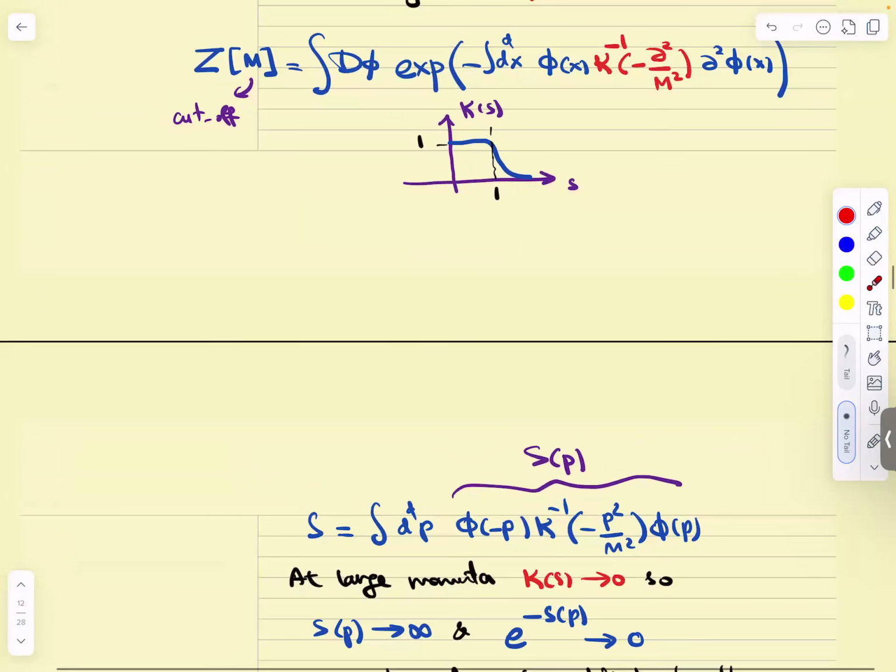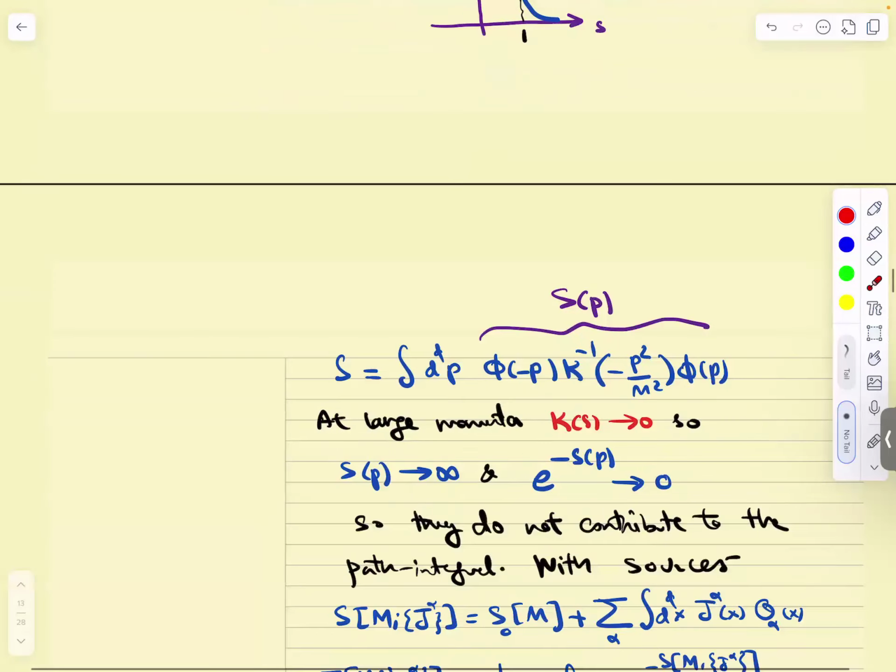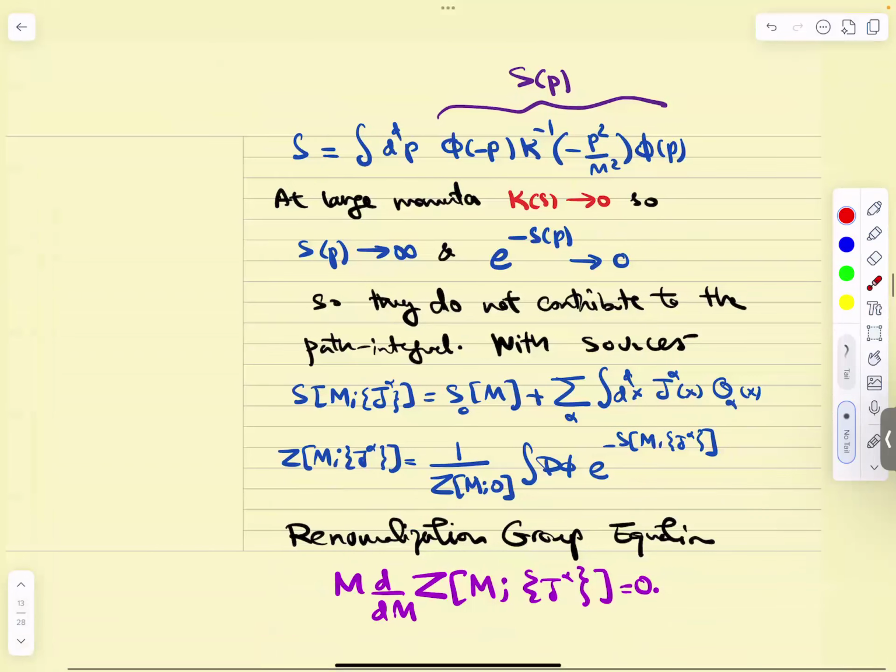Now, of course, what this does in Fourier space is k minus 1 and minus p squared over m squared. What is the propagator for this theory? The propagator for this theory is the inverse of that thing.